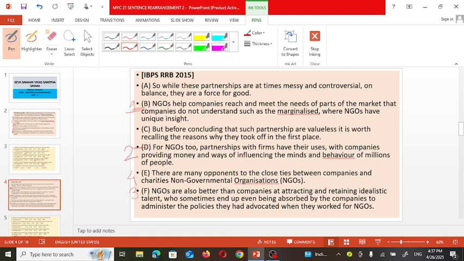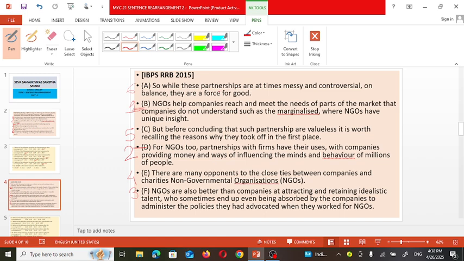After that, which can be the fifth statement after E? To support this statement, C option is there. But before concluding that such partnerships are valueless, it is worth recalling the reason why they took off in the first place. And the last statement will be this A statement, the sixth one.